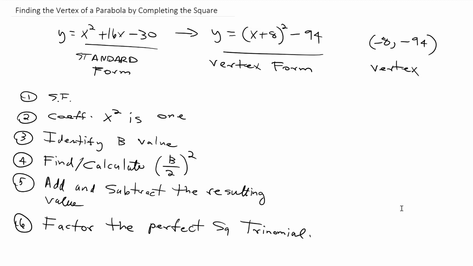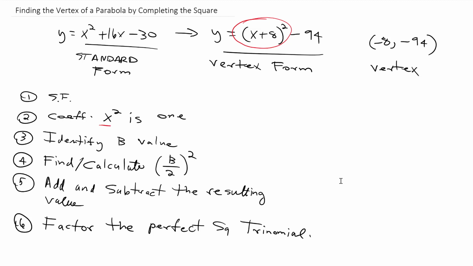This here is a perfect square trinomial. We're going to go through this step by step so that it all becomes clear. It's just 6 steps, and some of these steps can be eliminated if the equation is already in standard form and if the coefficient of x squared is already 1. All right, so let's go through.